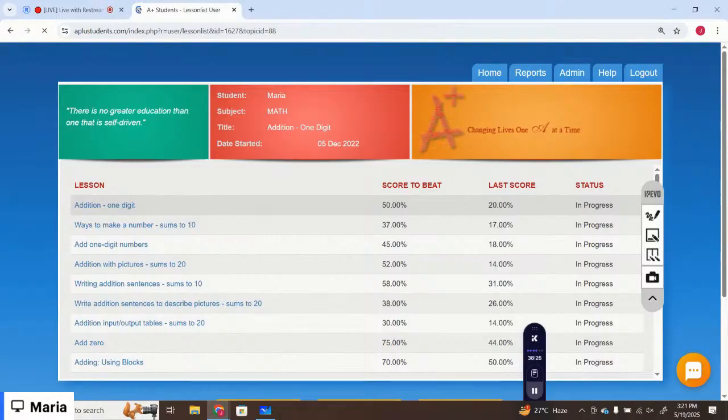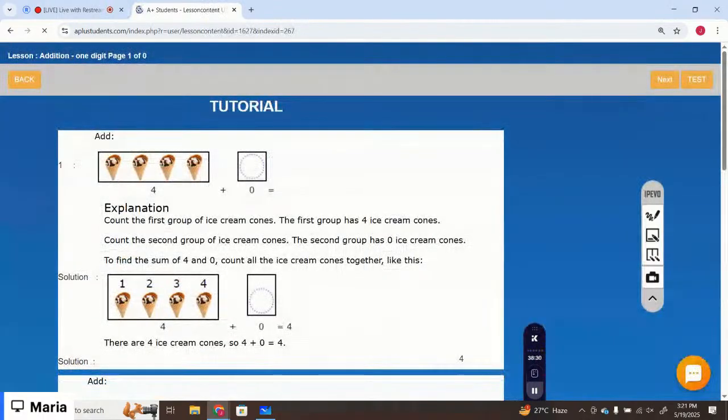Addition one digit. Let's just start with the lesson. Add. We are given the pictured form. We need to add them. So you are given 1, 2, 3, 4 terms. Here we have 0.